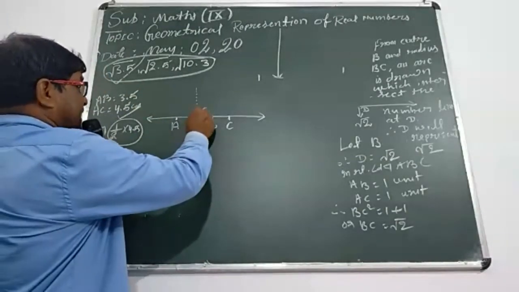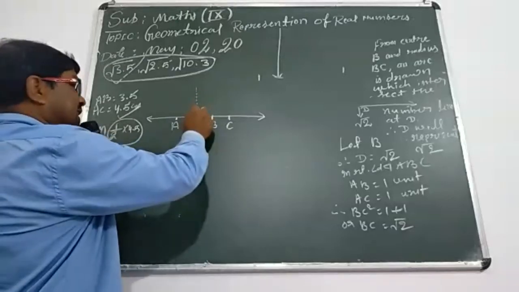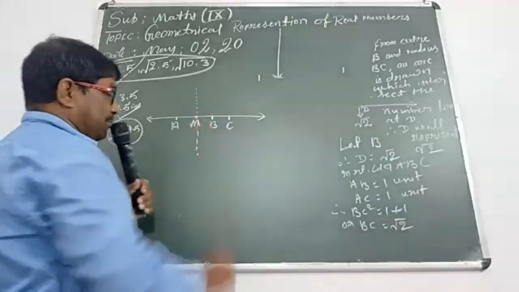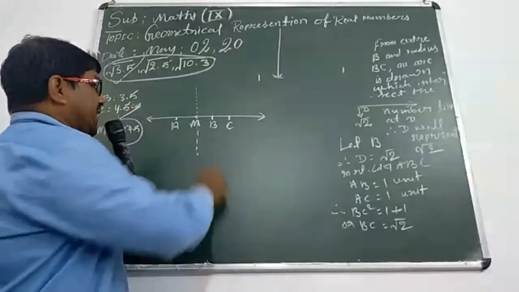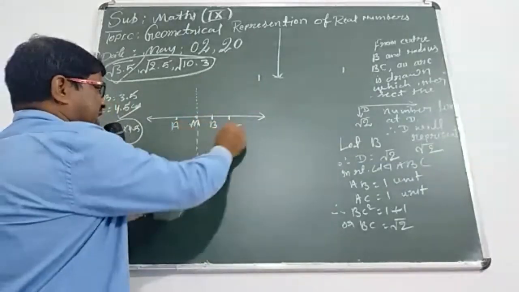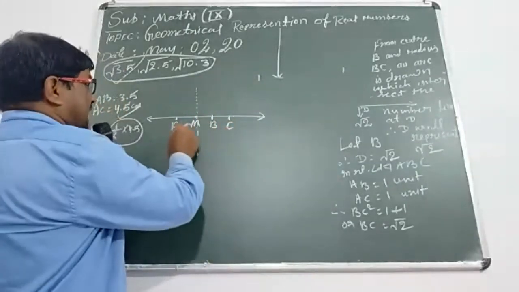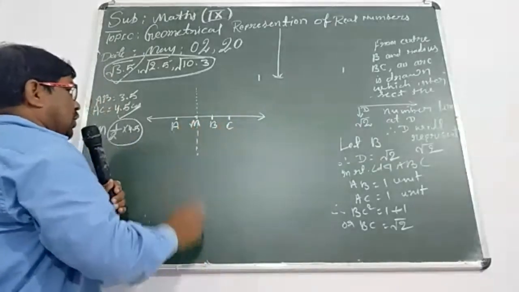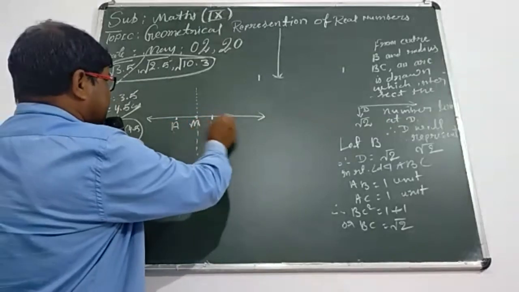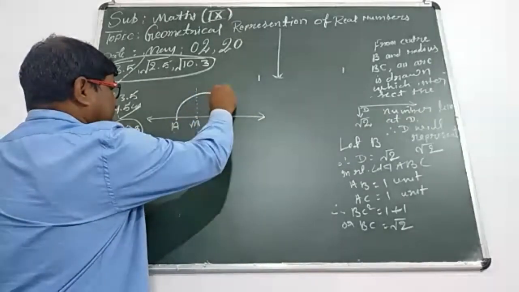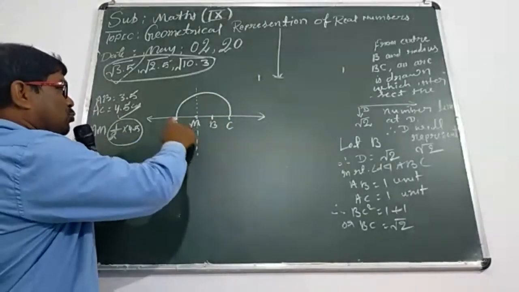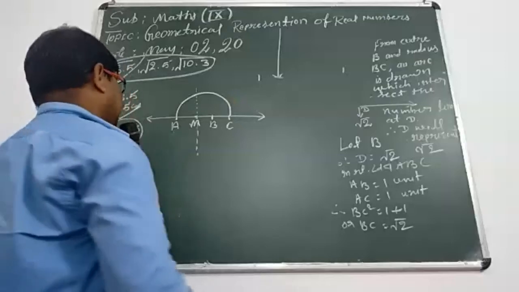Now student, from center M and radius AM, note that because this line is the perpendicular bisector, M is the middlemost point of AC. Okay, so AM equals MC. So from center M, by taking radius AM or MC, we will draw a semicircle.